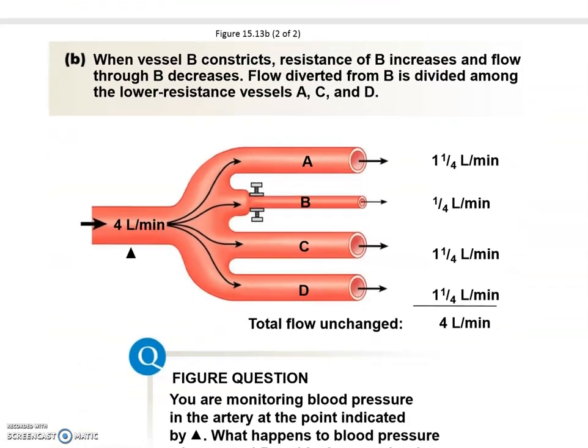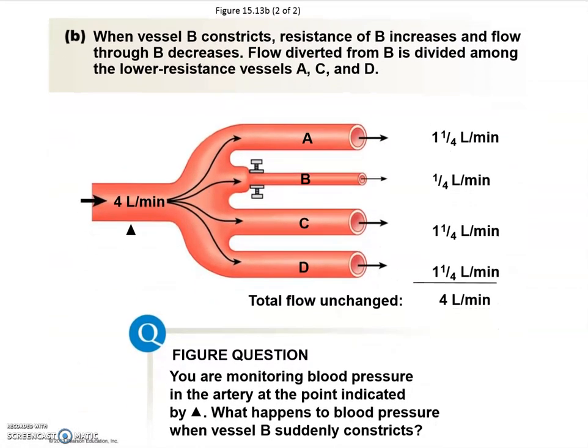Now we're deciding that area B is not a concern at this moment, and we need to reduce blood flow. So we're decreasing the blood vessel diameter right here. It's only getting 1/4 of a liter per minute. That means now we have 3/4 of a liter that we can distribute into other areas, and in this case, areas A, C, and D are each getting an additional 1/4 liter of blood, and it still adds up to your 4 liters per minute.